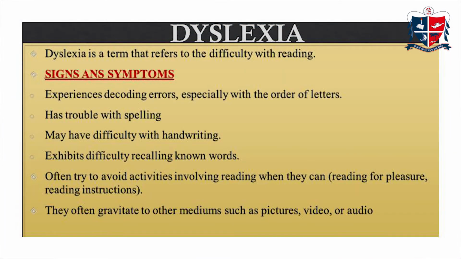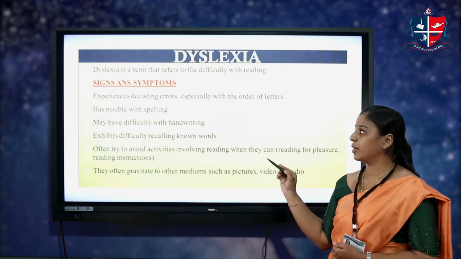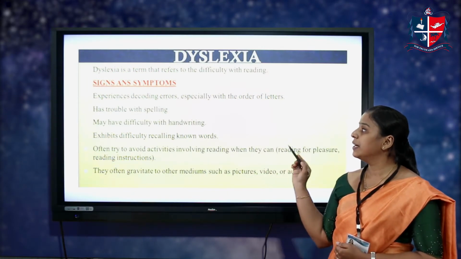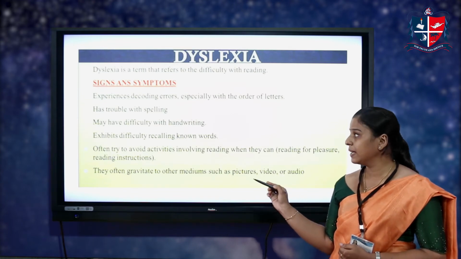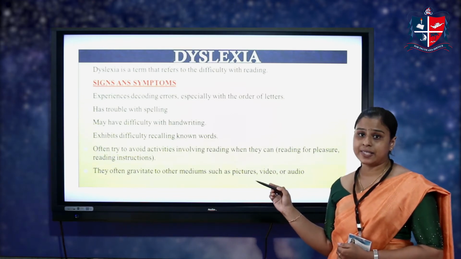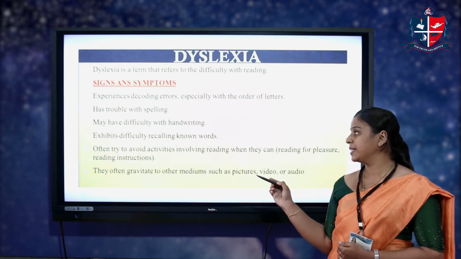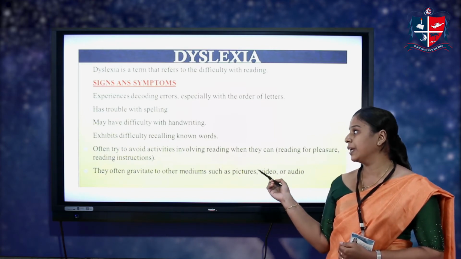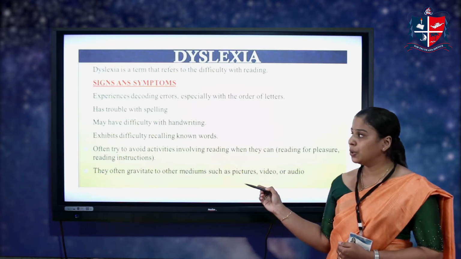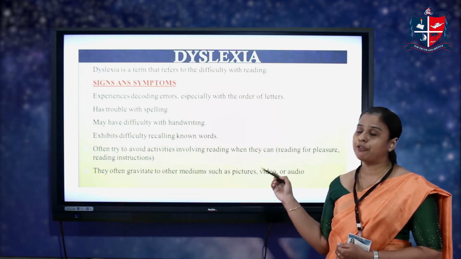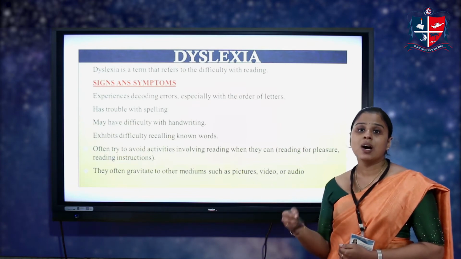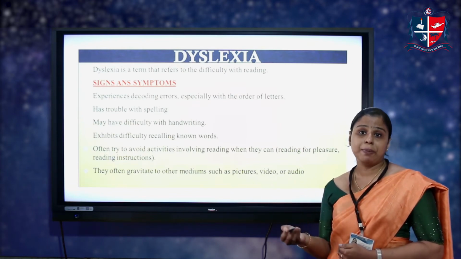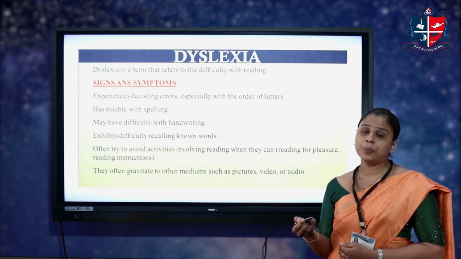Here are the major signs and symptoms of reading disorder. They experience decoding errors, have trouble with spelling, may have difficulty in handwriting, and also have difficulty in recalling known words. For example, these children will misread or misspell words.